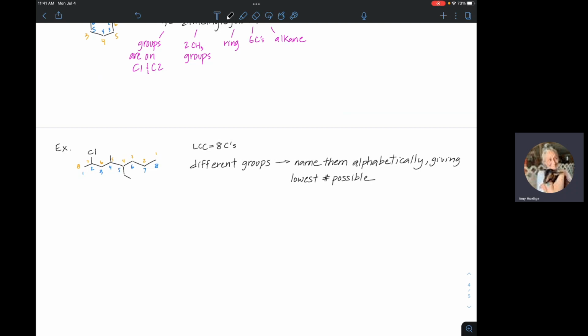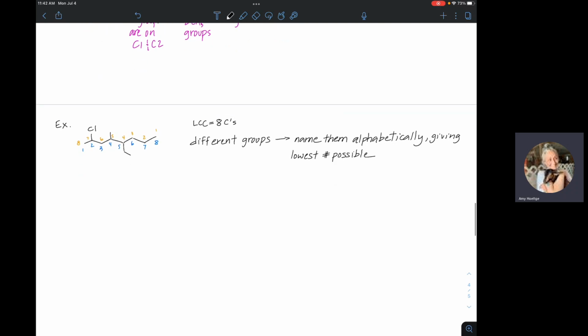So we counted out 8 carbons from the left to the right and from the right to the left. If we number this thing from the left to the right, I could write this out in the 2 different colors that we chose. So we're going to start out with left to right. We've got a chloro group on the 2nd carbon.